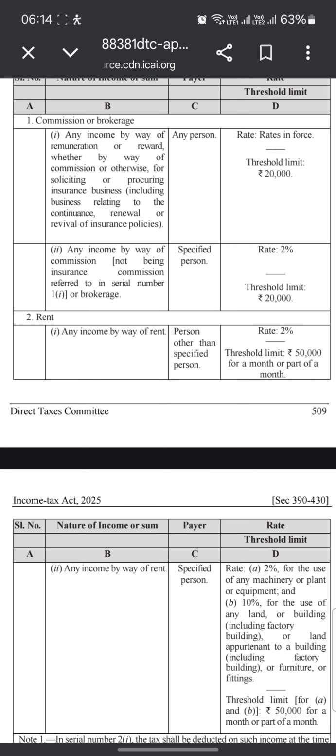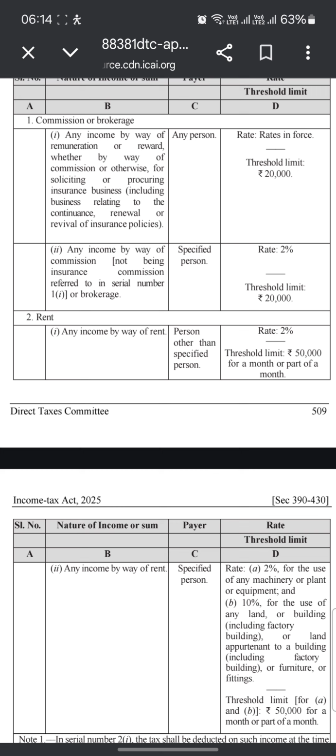If you are earning such commission, it would now be considered as normal income. Tax would be deducted at the rate in force, meaning the rate applicable to that particular commission, that is, the slab rate.